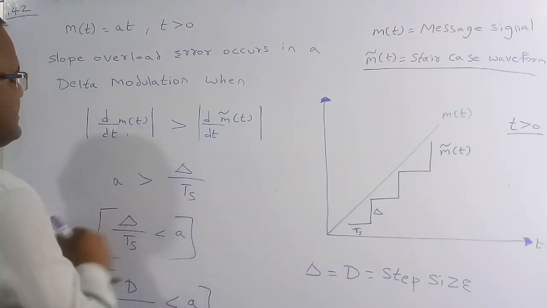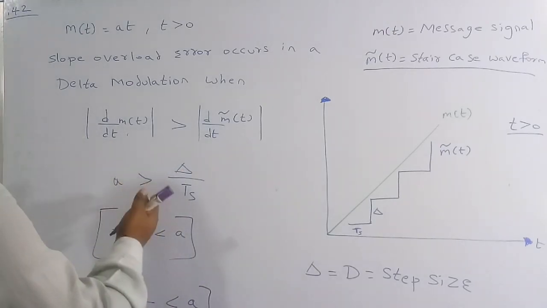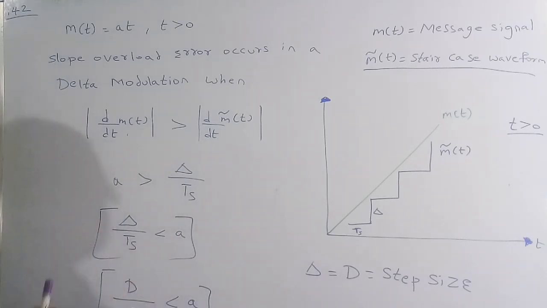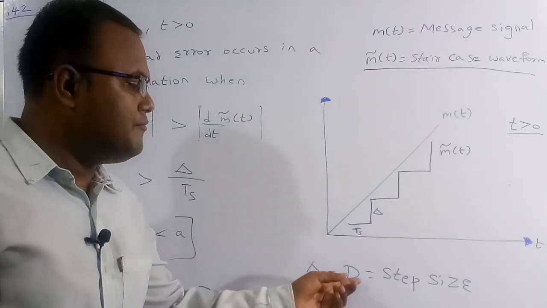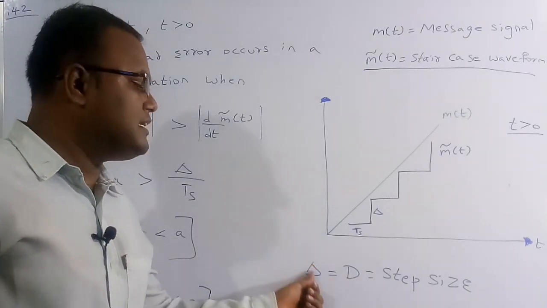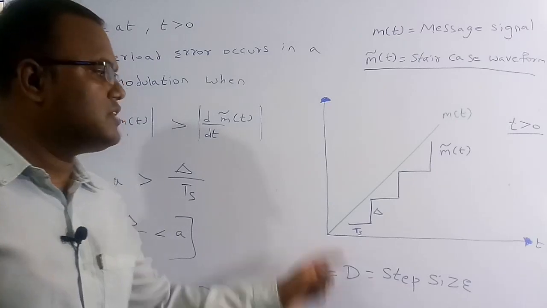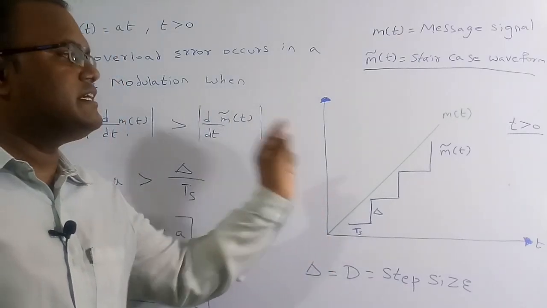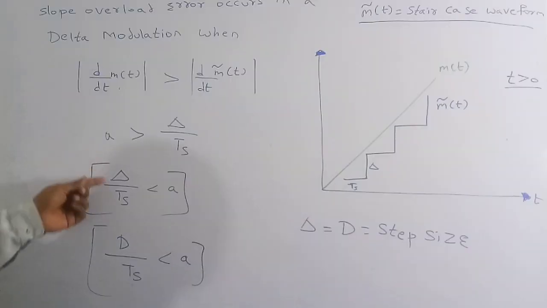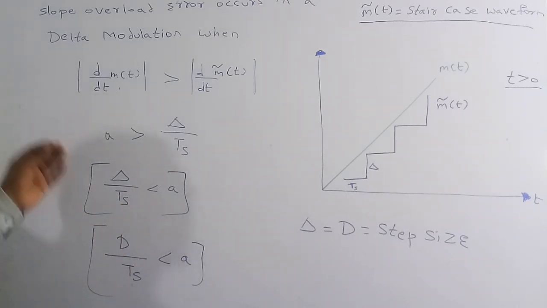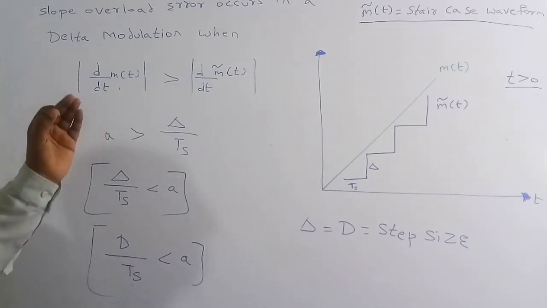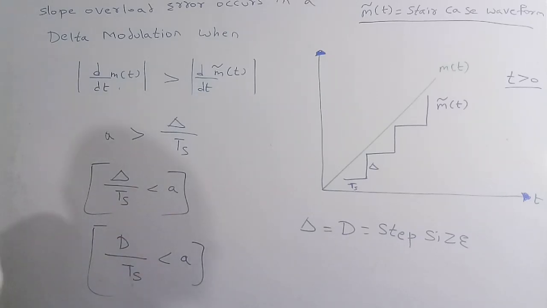So if A is greater than delta by Ts, I can write it in another fashion: delta by Ts less than A. In a few books delta is replaced by d, which is called the step size, the height of the staircase waveform. So d by Ts less than A. Under this condition we get the slope overload error in delta modulation. So this is the correct solution of this question.